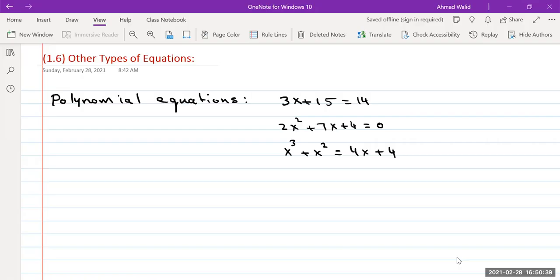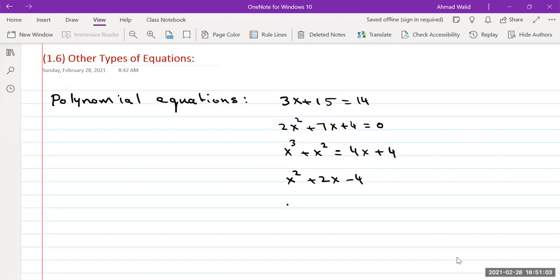What is actually a polynomial? Which kind of algebraic expression do we call a polynomial? If you don't have an equal sign, and I write, for example, x squared plus 2x minus 4, we call it an algebraic expression, correct? At the same time, we call it a polynomial.